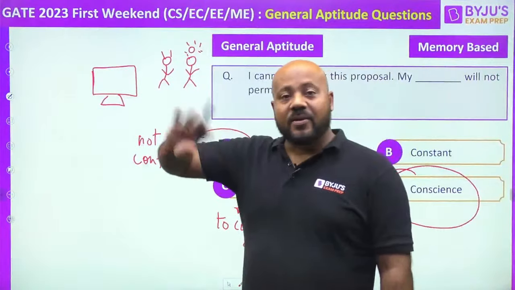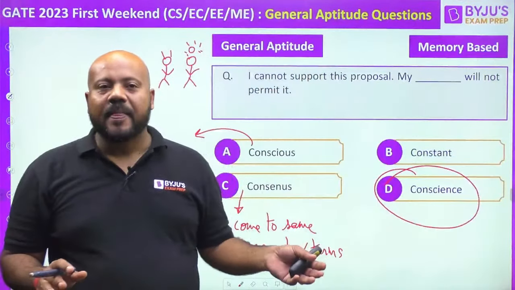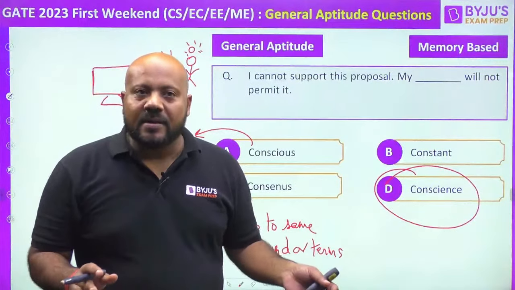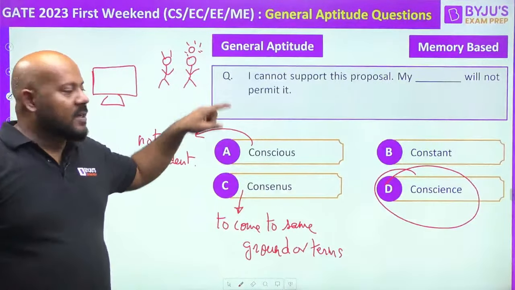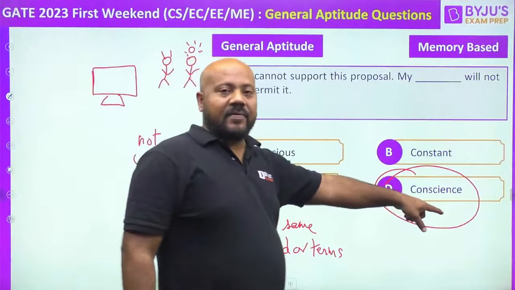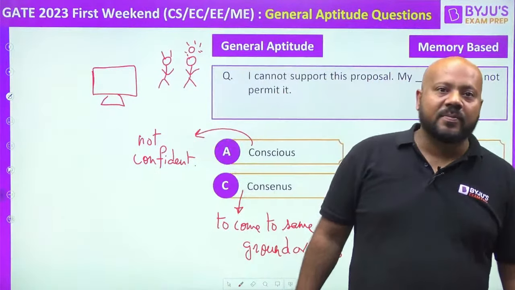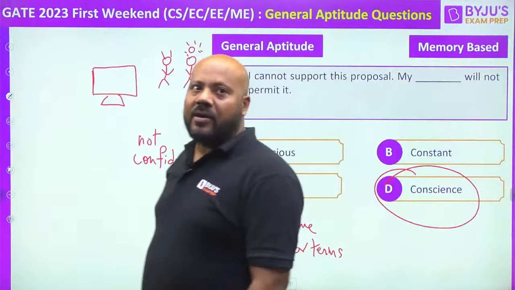One is a good one, one is a bad one. You remember that? Are you getting this? So the fight between this good you and bad you is called conscience. In every person, there is a fight between the good person and the bad person. That is called conscience.